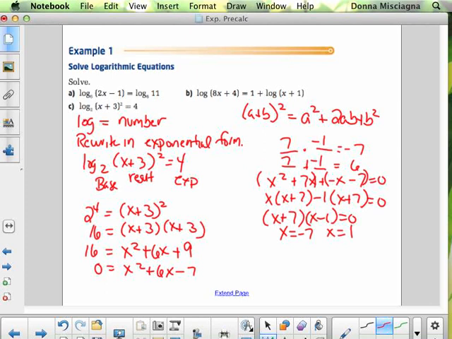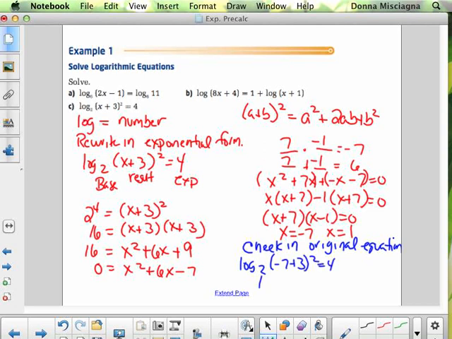But are they both good? Well, we need to check those out, and you need to check in the original equation. So let's see, we have log base 2 of (negative 7 plus 3) squared equals 4.